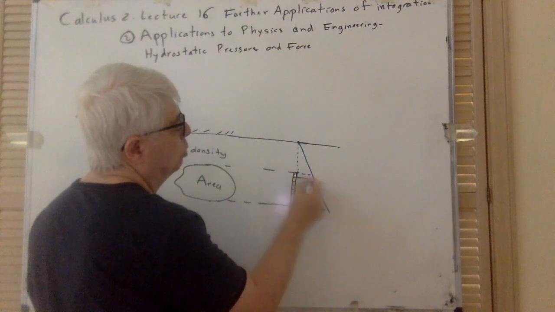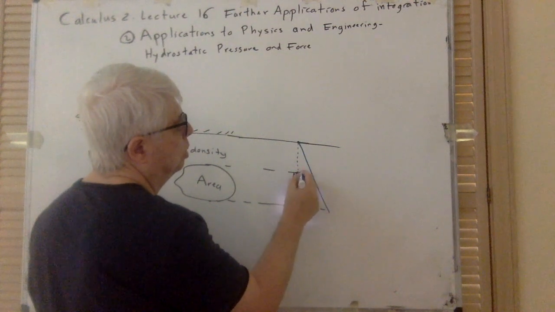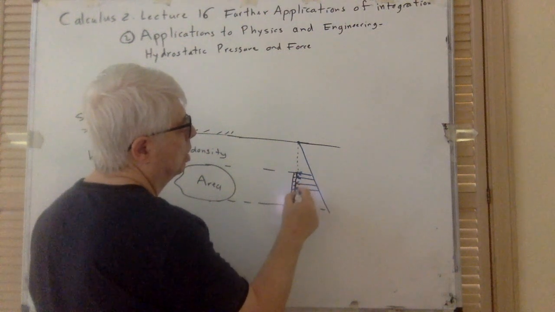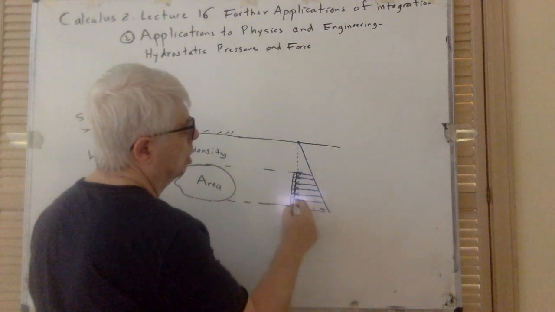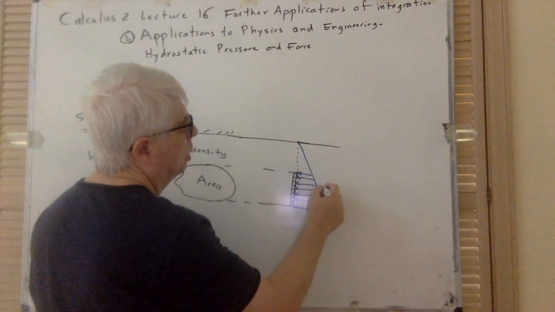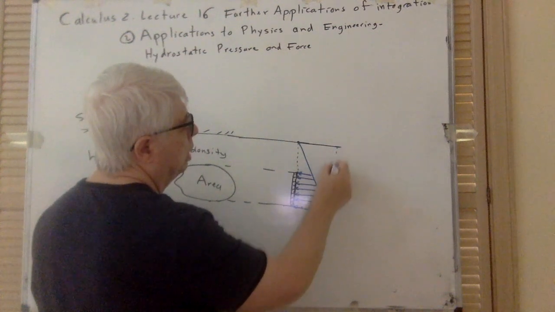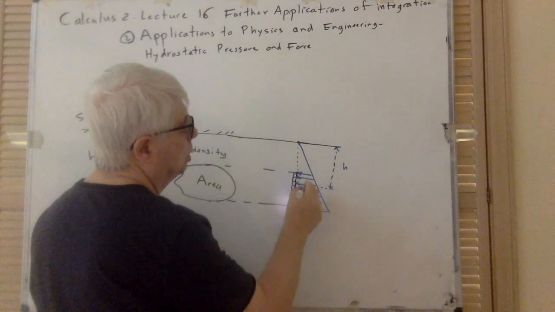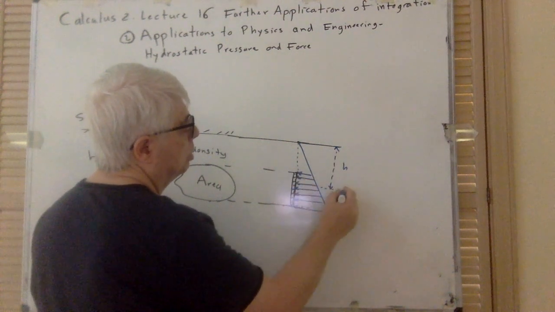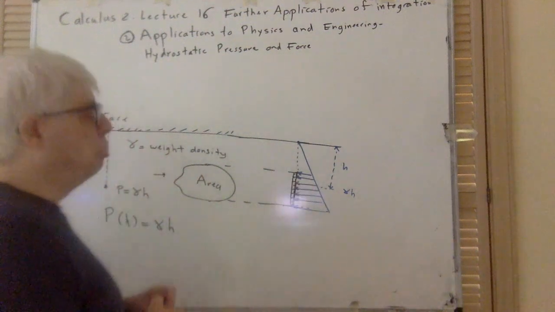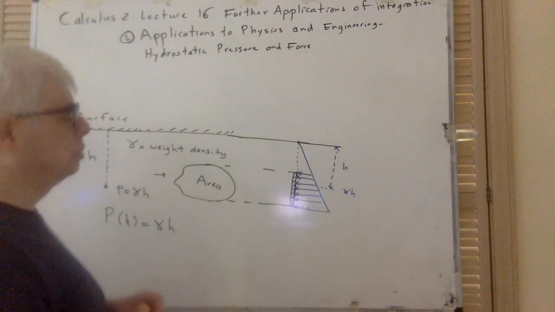So pressure would be something like this applied to this object. At depth h, this vector is gamma h. The magnitude of the vector is gamma h.